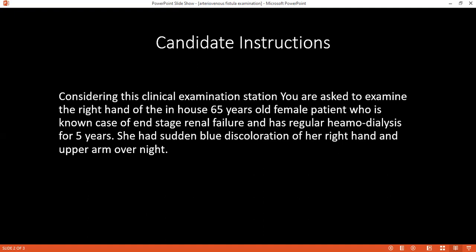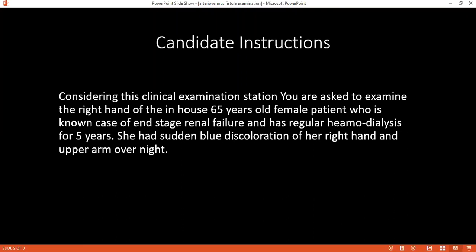Can you please tell me the size of the fistula, because you palpated it? The shape is oval. The size, I would estimate, might be about 3 by 4 centimeters in its widest diameter. You also have to see if the surface was irregular and if the overlying skin had any scars.